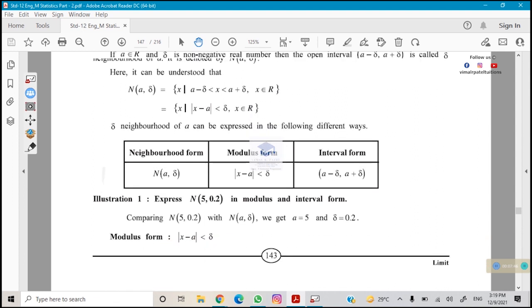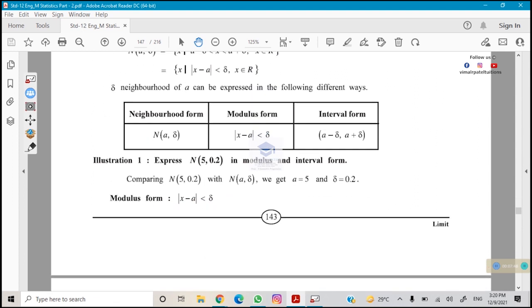Now, express N bracket 5 and 0.2 in modulus and interval form. It is given in neighborhood form. Now you have to convert it into modulus form and interval form.